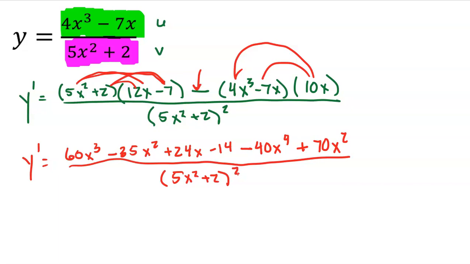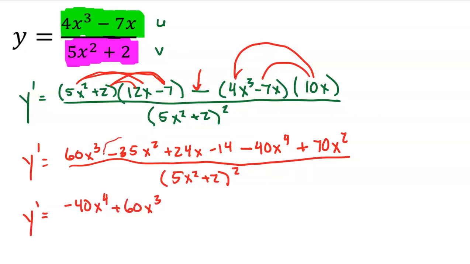Again, you have the option to square out the denominator, but it's actually easier and more simplified if you just leave it. There's only one x. Why would you make more x's? So I actually like that denominator just completely left alone. All right, now in the numerator, I got to combine some terms here. So I got a negative 40x to the fourth. I got a positive 60x cubed.